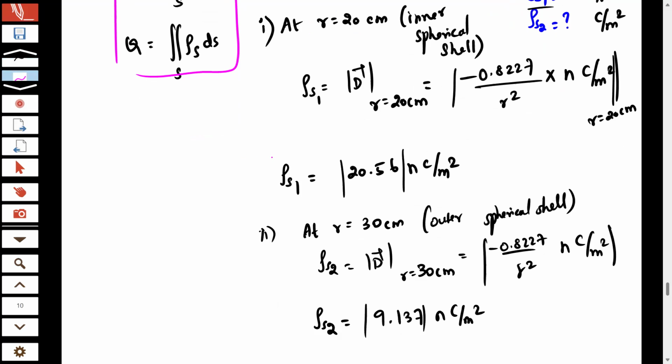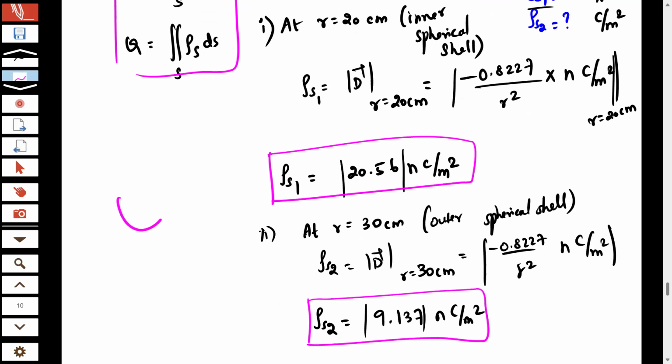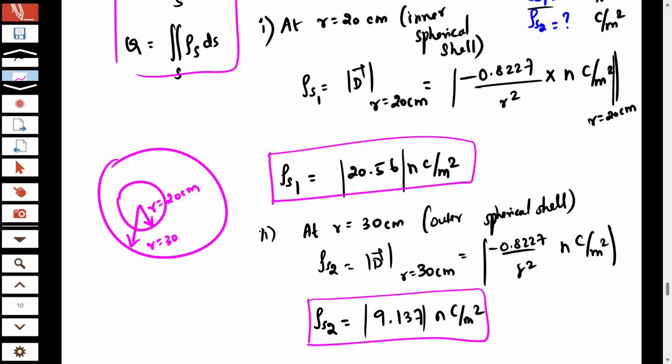Now let us try to understand which has the positive charge and which has the negative charge. The inner shell is at R 20 centimeter and the outer shell is at R 30 centimeter. By looking at the potential values, we can understand the direction of the electric field intensity or flux density. Inner one is at 0 potential and outer one is at 50 volts. Electric field is always in the direction of decreasing potential, from higher potential to lower potential.